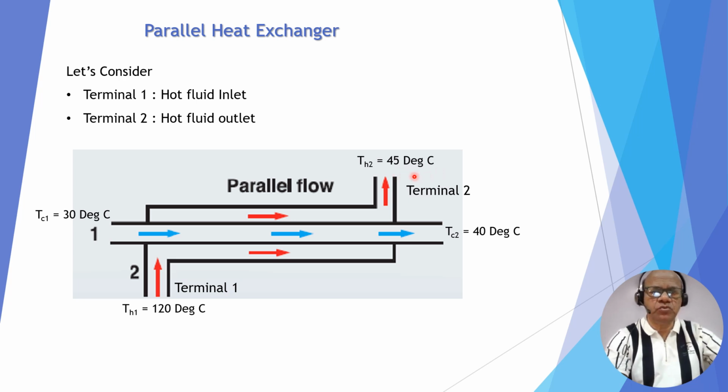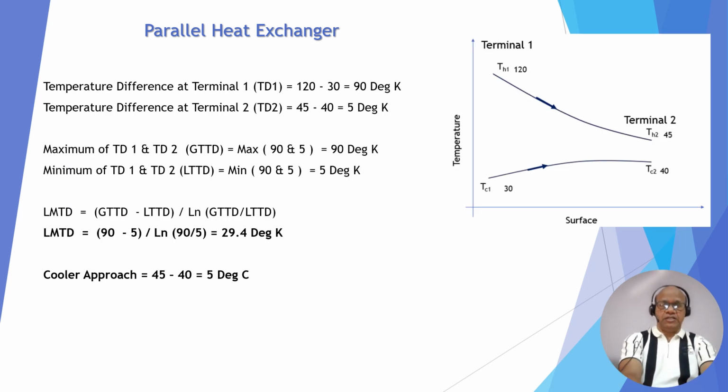This is terminal 2, and cooling water, closer to terminal 1, is at 30 degrees Celsius and comes out at terminal 2 at 40 degrees Celsius. So let's calculate the LMTD for this case. If you look at the graph, with surface on the x-axis and temperature on the y-axis, this is the hot fluid profile.